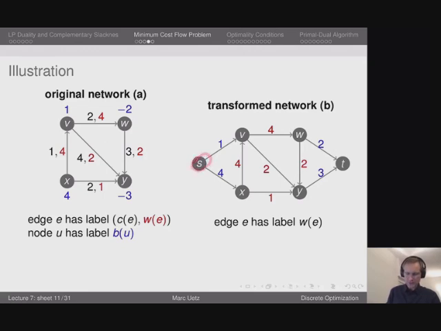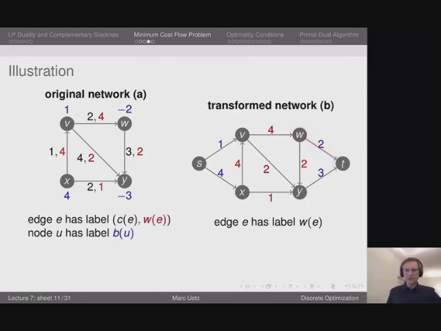So this would be the corresponding transformed network. The original supply of node V is now the capacity of that edge here, and the capacity of the edge ingoing into X would then be 4 correspondingly. Here, this demand of -2 is translated into the capacity 2 here, and so forth.